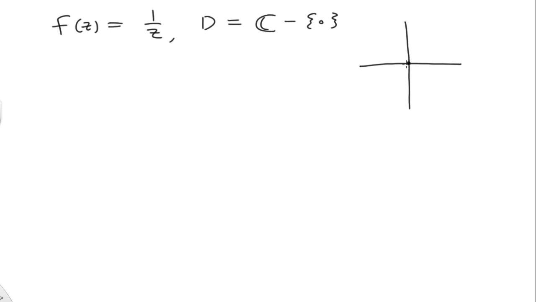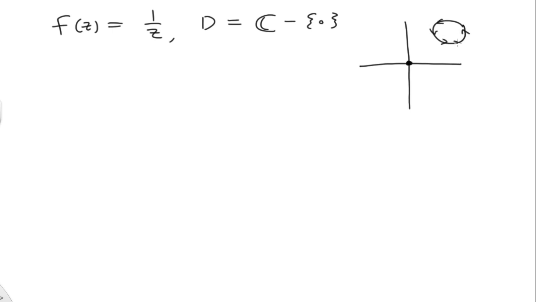All right, so now let's go to another example really quick. Let's talk about the domain of analyticity of 1 over z. We want to know what the domain of that is. We know this function is analytic on the complex plane minus the 0 point. There's one point where it's not analytic, so we can draw that with a little hard dot right there. If I draw a curve out here, that looks good.